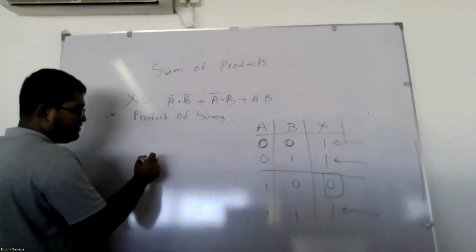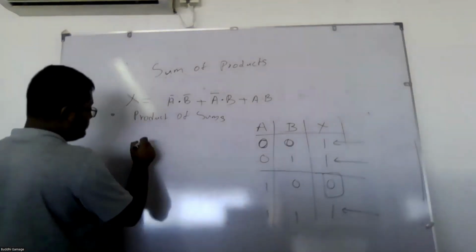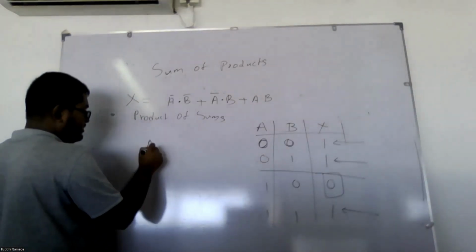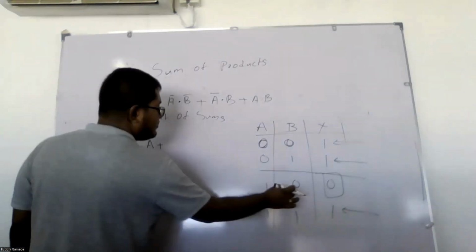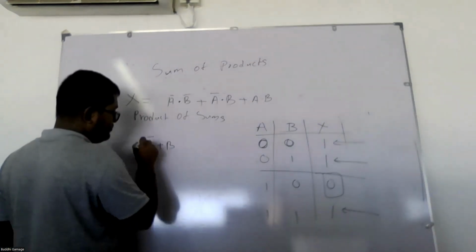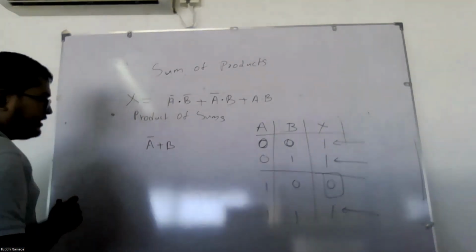So it is A. Since this one is true, we need to negate that. A bar plus B will be our actual final output.